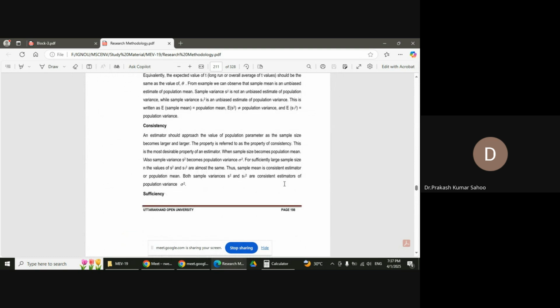Then consistency is related to your accuracy. If your estimate is closer to the true or absolute value, then your consistency or accuracy will be there.